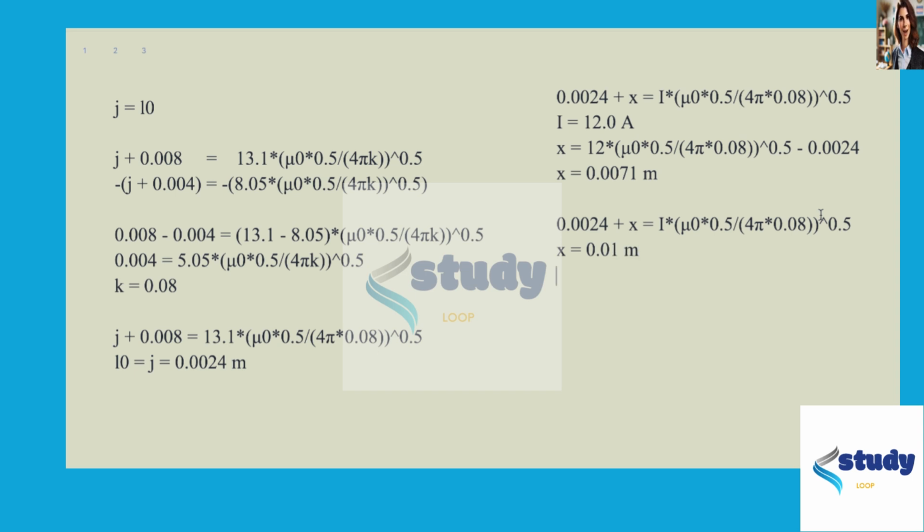So we just want to plug in our expression here, 0.0024 plus 0.01, and that's going to be equal to everything here on the right side. So again, in order to solve this, we're going to want to divide both sides by this whole thing, but these are all just numbers, so this can just be plugged right into a calculator, and we should get that I is equal to 15.7 amps.